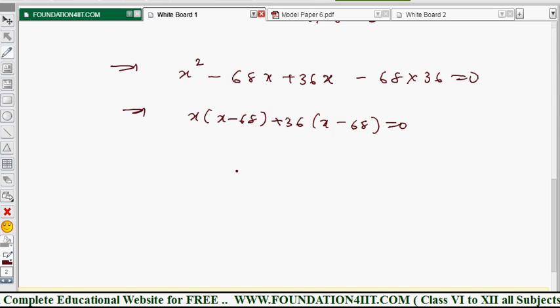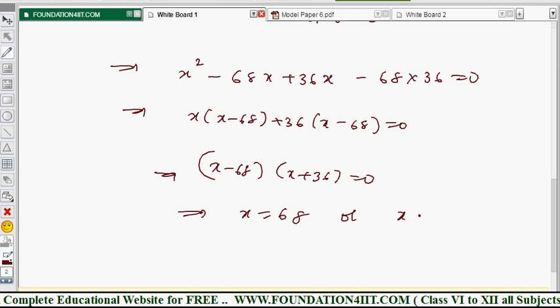So from these, x minus 68 into x plus 36 is equal to 0. So from this, x is equal to 68 or x is equal to minus 36. Only x equal to 68 is correct, because the negative is neglected.